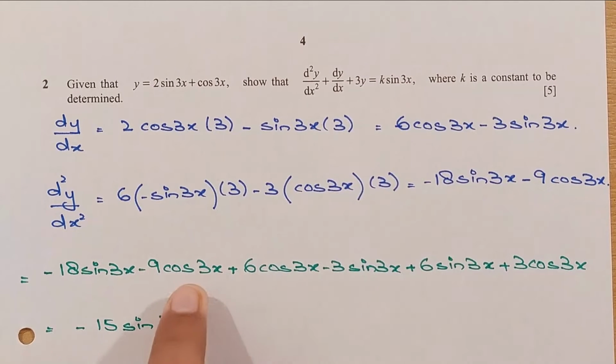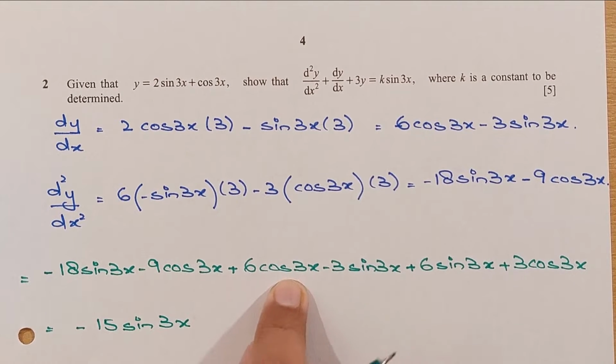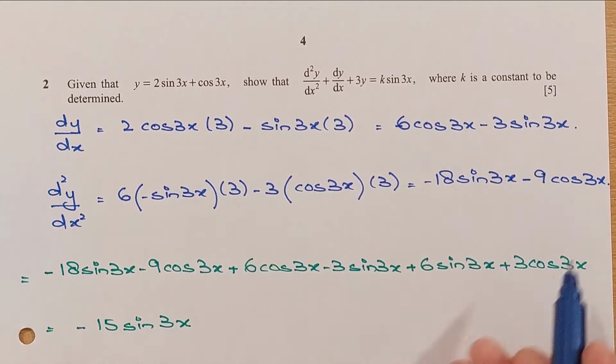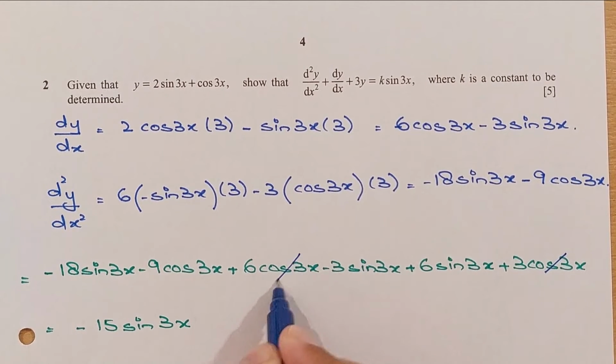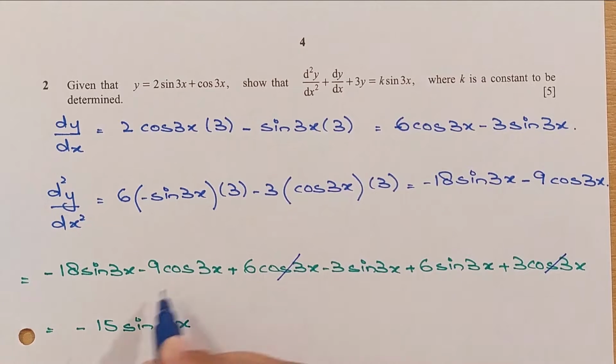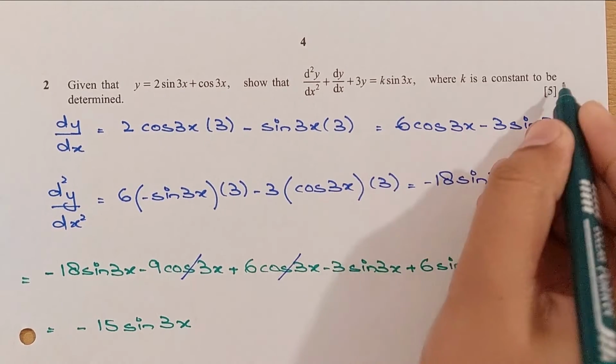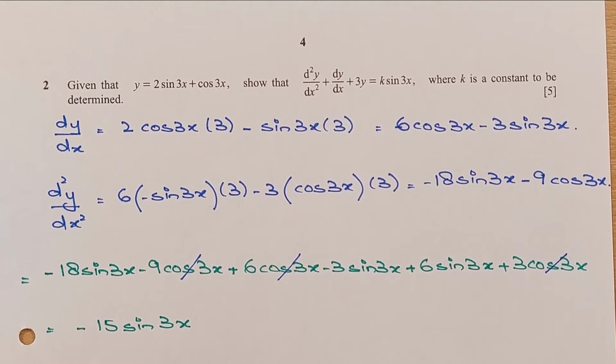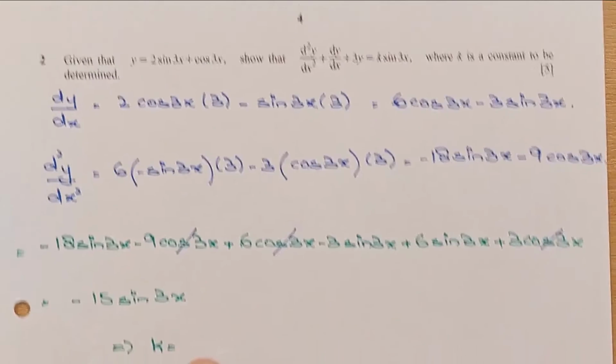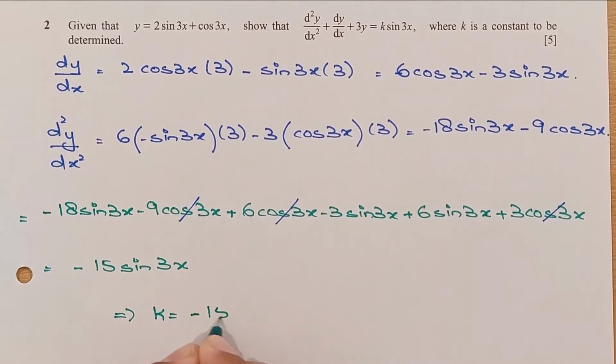Now let's collect cos 3x. 3 cos 3x and 6 cos 3x would be 9 cos 3x, and minus 9 cos 3x is just 0. So this is the solution, and since k is a constant to be determined, this is k sine 3x. So we can say k equals minus 15.